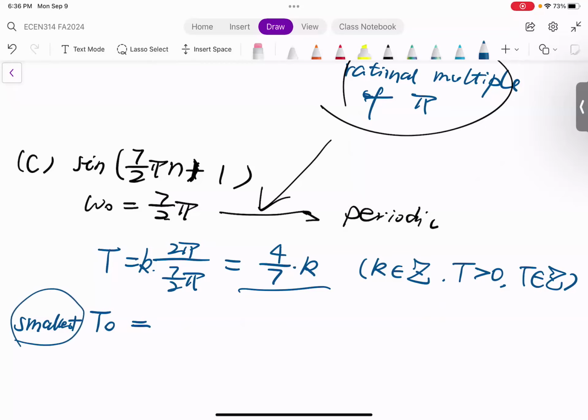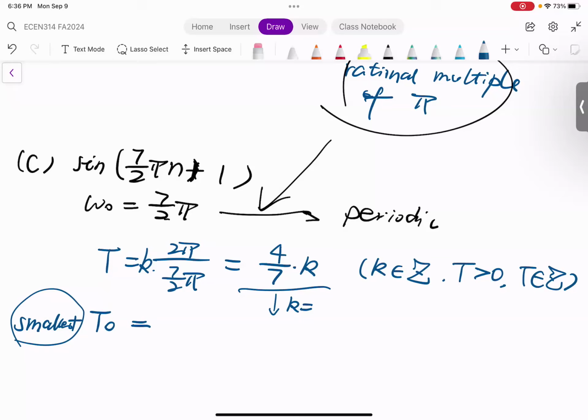When can I have the smallest period t? That's when k equal to what? If k equal to 1, we have 4/7. That's not an integer. Remember, our discrete time signals are defined over integer valued time.